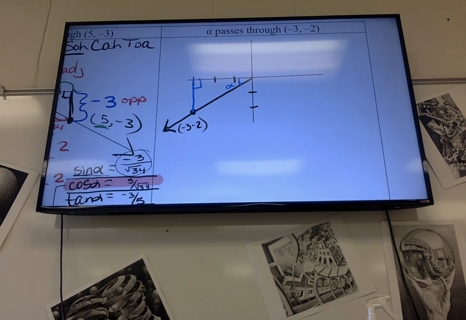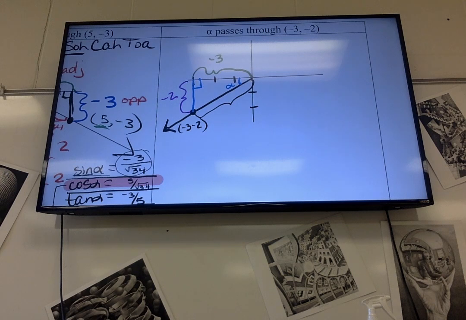Here's my angle. Call it alpha. So how much is this side that I've shown here, Justin? Which one? The green one. -3. Good. This side of the triangle, Berkeley, would be how much? -2. Good. And so the only thing we're missing is that side.